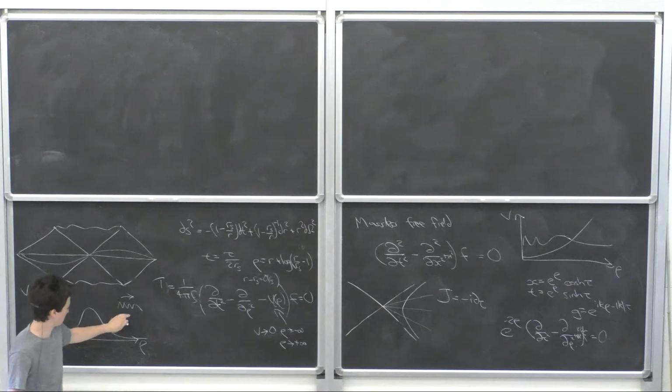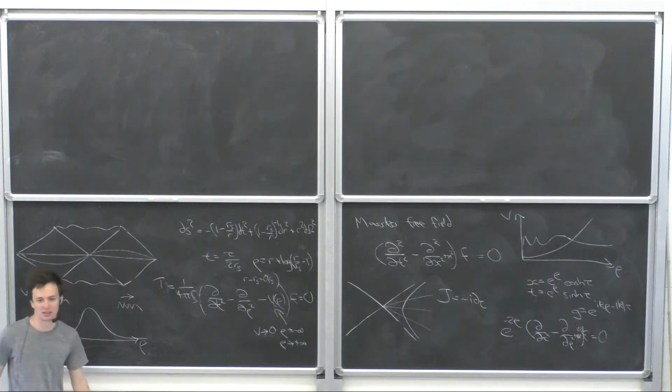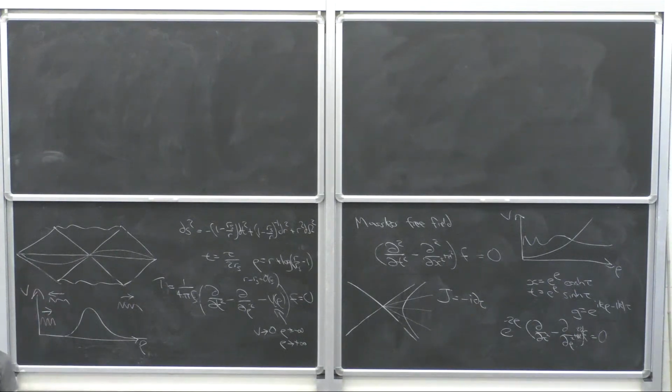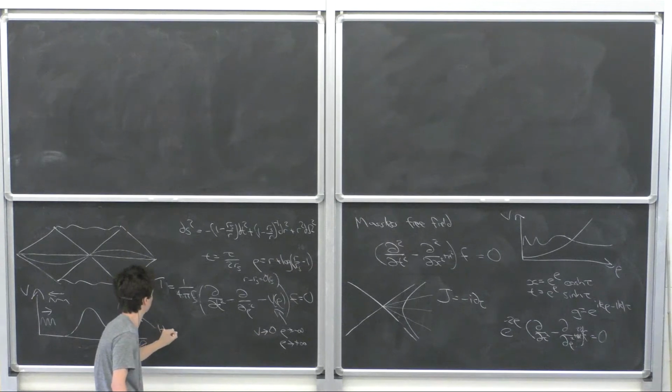That's a plane wave in rho, which just means it's a Minkowski plane wave, so it's real thermal radiation. This part that makes it out is the Hawking radiation.